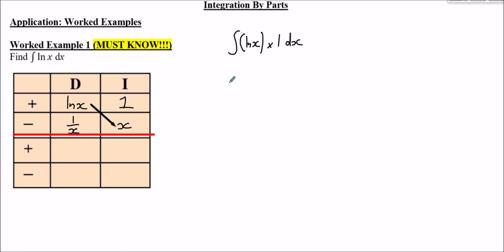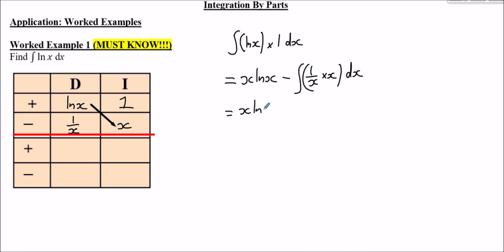So therefore this integral becomes x times ln x. Then I take the integral of the final row. Because it's a minus, I'm going to put minus the integral of 1 over x multiplied by x, dx.